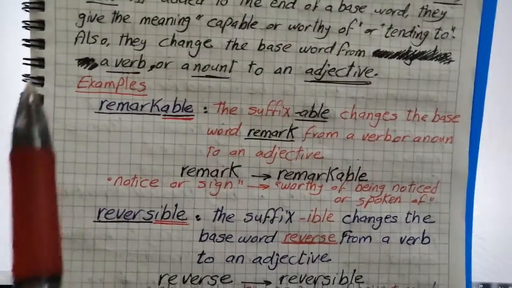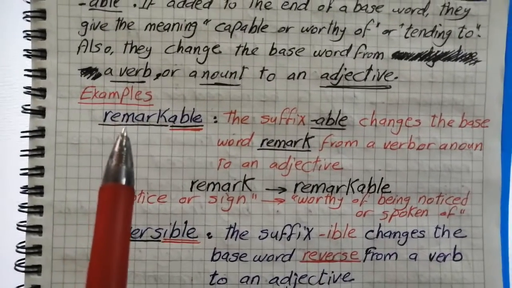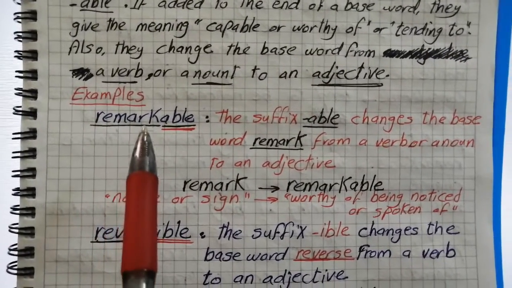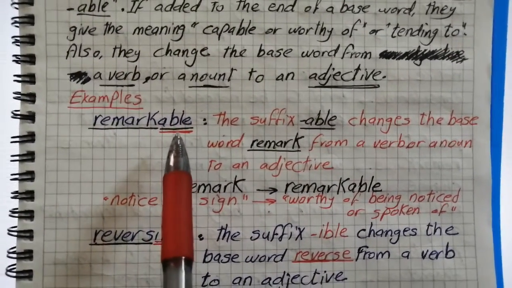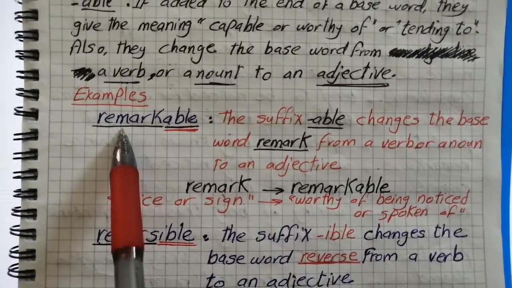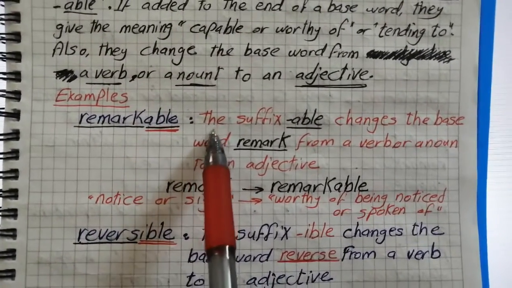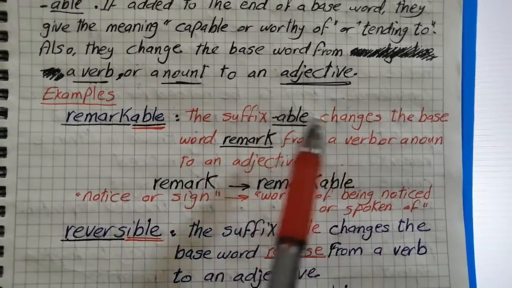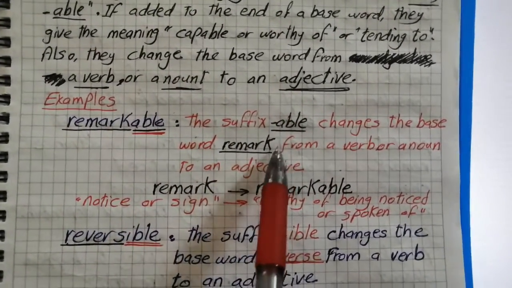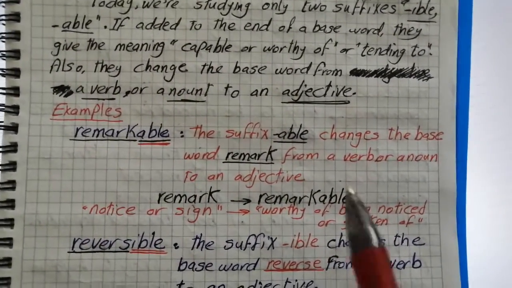The first example is remarkable. If you notice, I highlighted the remark with one line and the suffix ABLE with two lines, because this is the base word, remark, and this is the suffix. So the suffix ABLE changes the base word remark from a verb or a noun to an adjective.